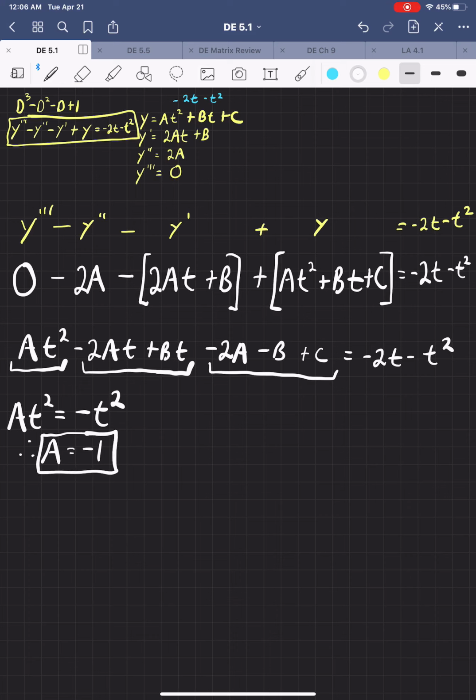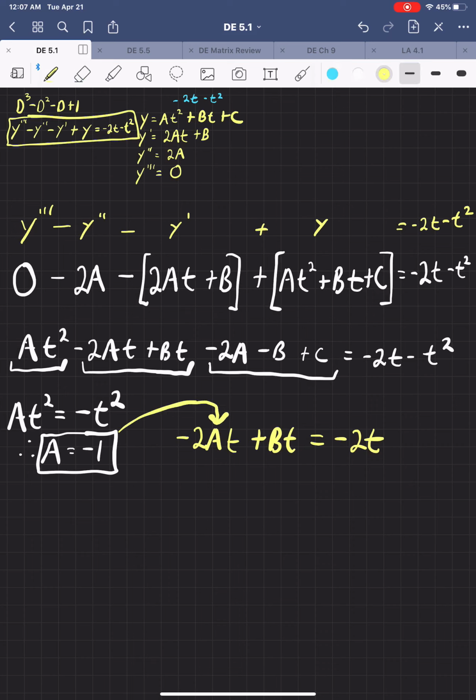Okay, now let's take anything with a t attached. So that would be negative 2a t plus bt. And I know that that's going to have to equal negative 2t. Of course, the only little caveat here is I actually know what a is equal to in this case.